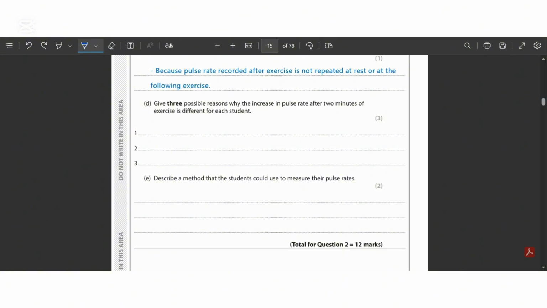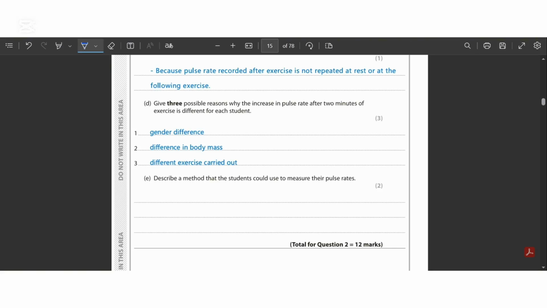So let's answer this question. I have listed over here the gender differences, the difference in body mass, and the difference in exercises carried out. If the students' gender is not the same, if the body mass, weight, height or age is different, or if the students are not performing the same exercise, then they are not going to have the same pulse rate.